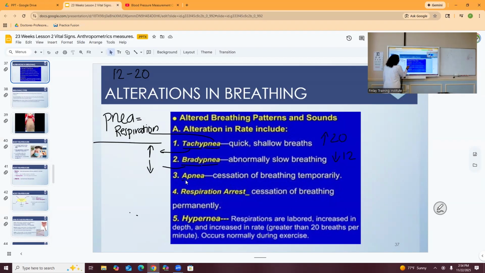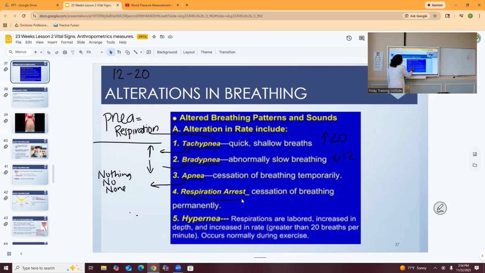Apnea. A in medicine means nothing, no, or none. Okay? It's not there. Pnea means respiration. So apnea means the cessation of the breathing, but it's temporary. There's no respiration for a period of time.